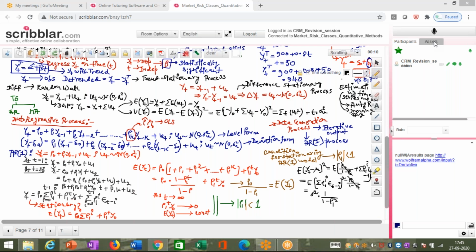So let's take a pause here for the day. We have covered the AR1 process, the autoregressive process, today: the conditions for stationarity and how the model is framed. Just go through this discussion today, and we'll have a session on Friday. Friday is 2nd October, that's a holiday, and I think it's a holiday at your end as well.